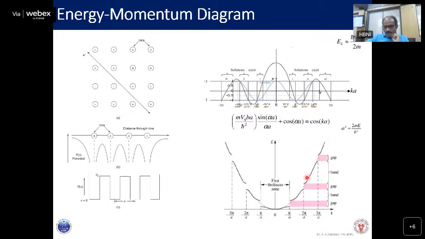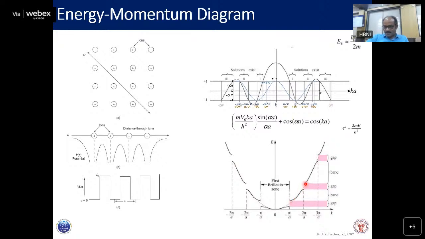So now you will have certain bands. This is a band, here also this is a band, and in between these two there is a gap. Similarly, between these two there is a gap. Then after this gap, you have another band.